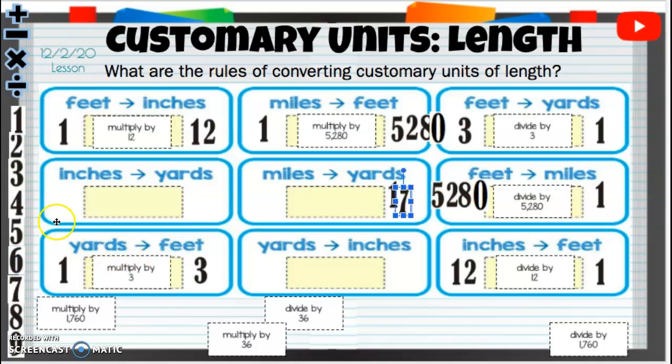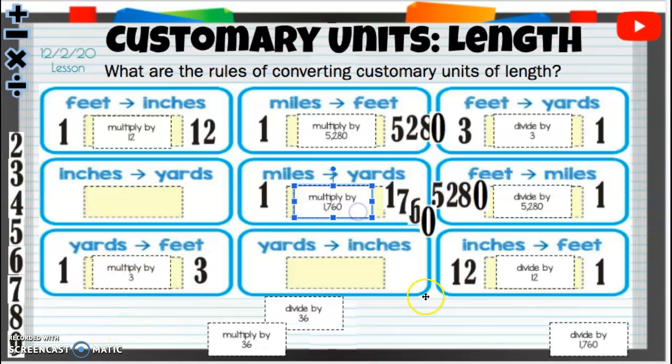So how do I get from 1 to 1,760? I'm going to multiply by 1,760.